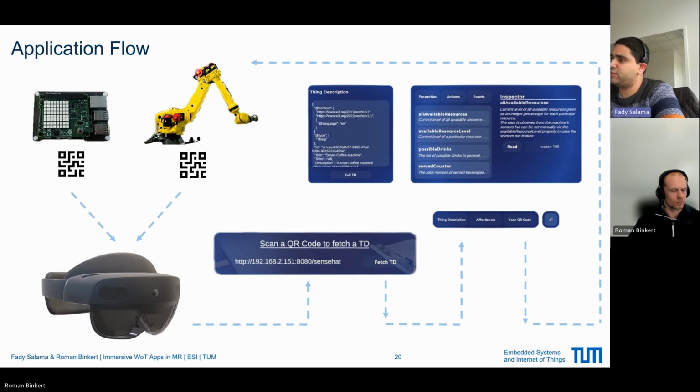If you want to scan the QR code again, you can scan it. That UI can also move, so you can pin it to a certain place in the space, but you can also unpin it and move it around as you want.